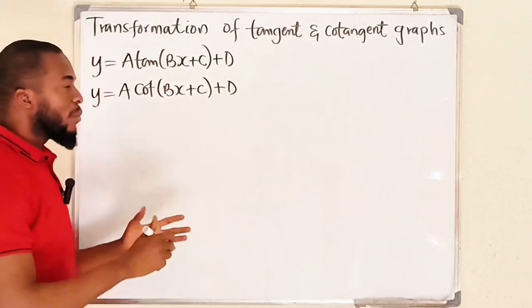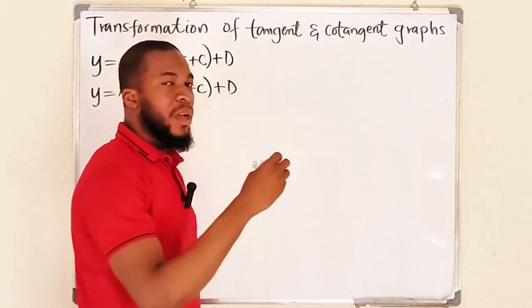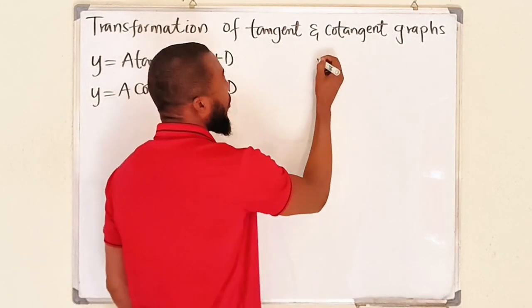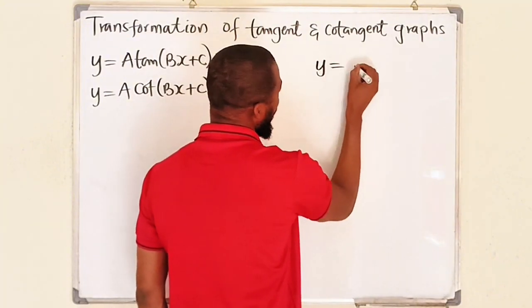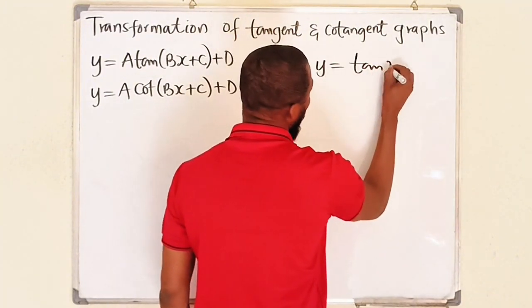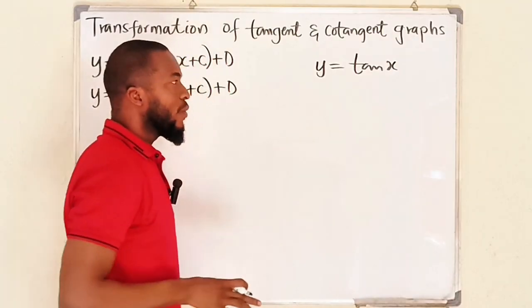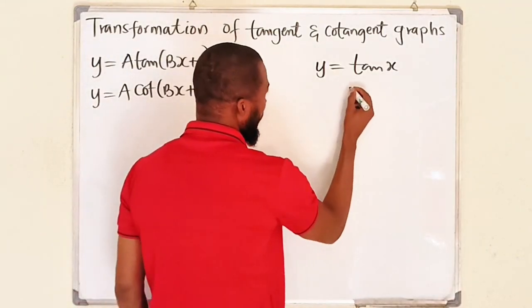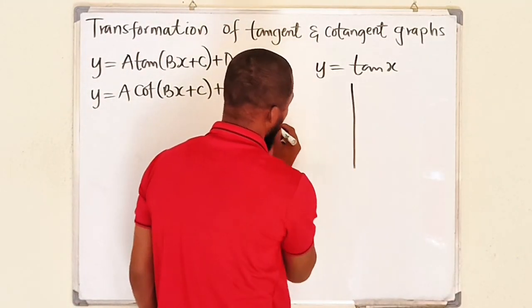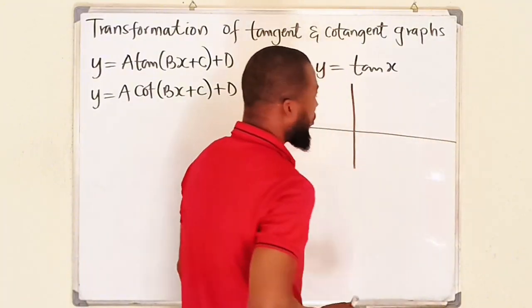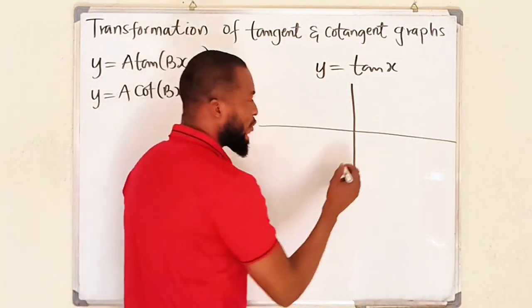So now let us start with the mother function, and let me start with tangent. If you are given y = tan x, this is the mother function. So how can we graph this? Let me use multiples of pi over 2.